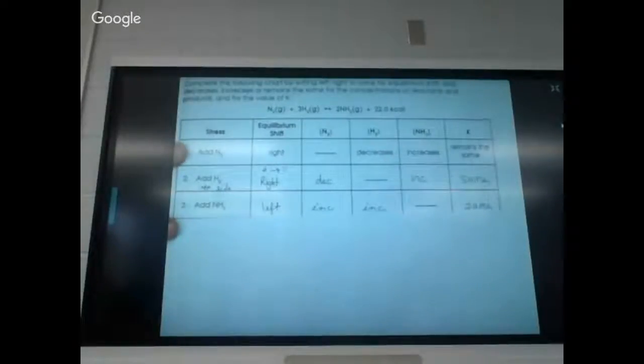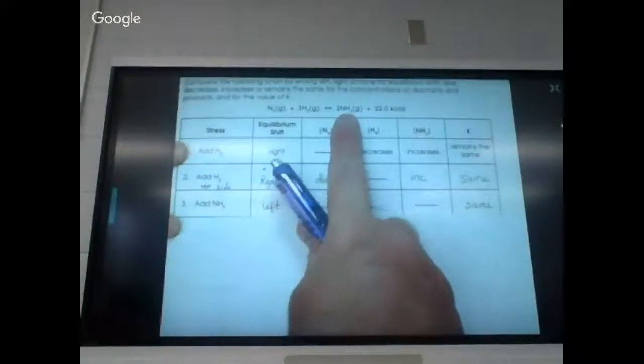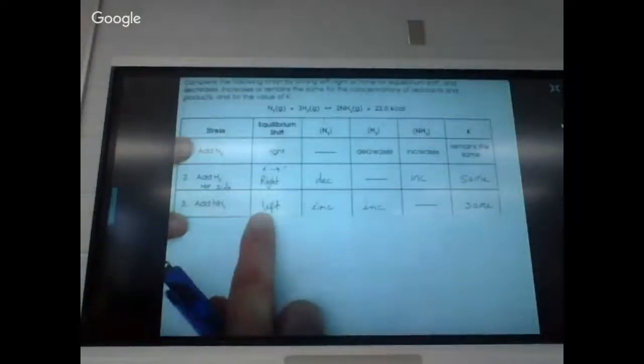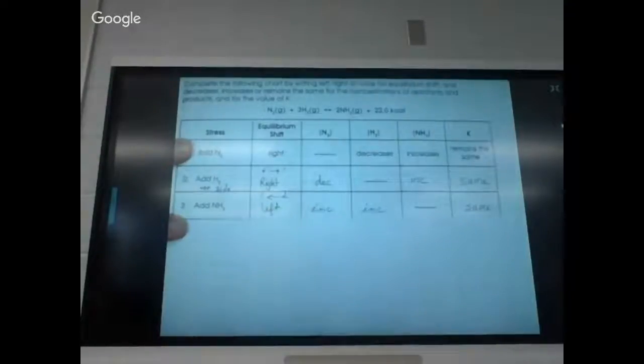Same thing when we add NH3. NH3 is going to do what? Go to the opposite side. So NH3 is where? On the right. So it's got to shift left. These two things are going to increase, and that's going to decrease.